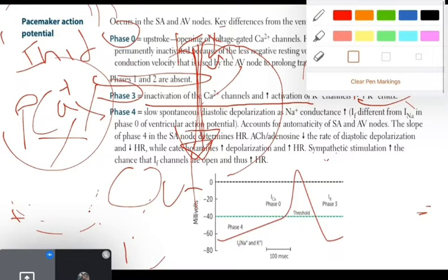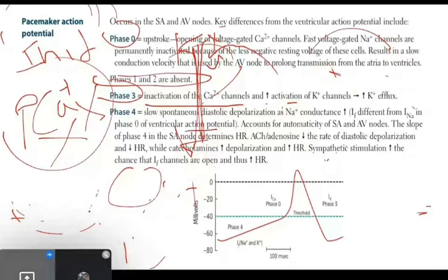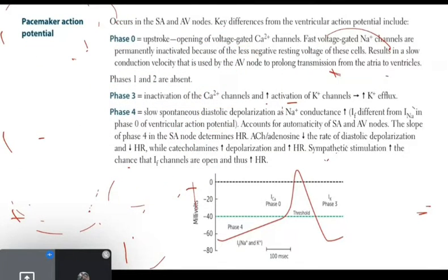What happens at phase 4, which is the end of the action potential in the SA node? In phase 4, you have slow spontaneous diastolic depolarization. We know that the SA node and AV node action potential happens in diastole because it needs time to fill, and of course this signal comes before the systole, before the contraction of the ventricle.